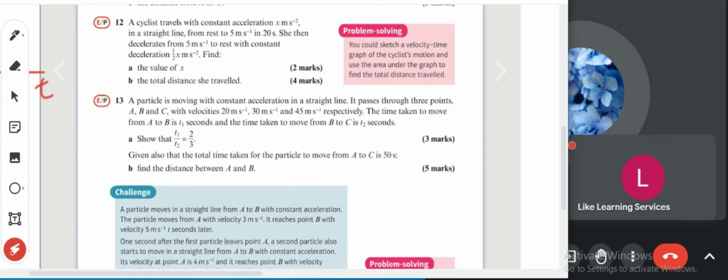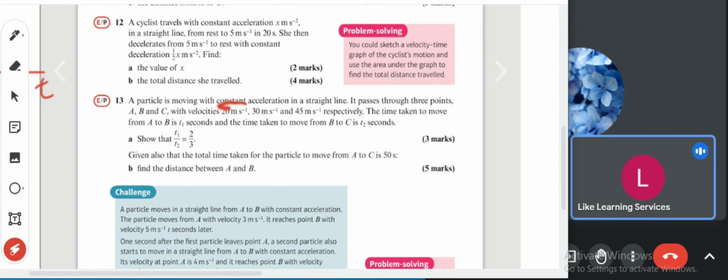A particle is moving with constant acceleration in a straight line through three points A, B, and C. The time to get from A to B is T1.